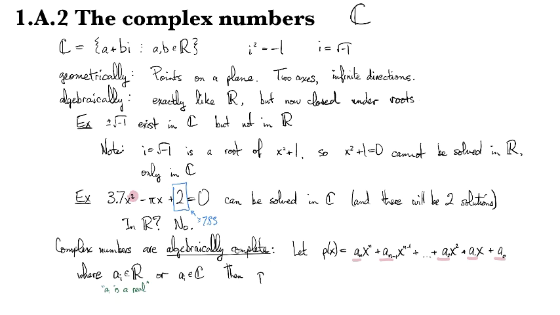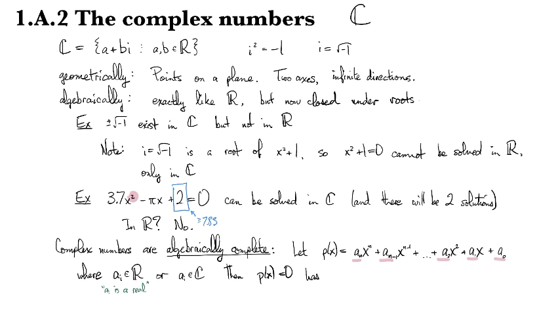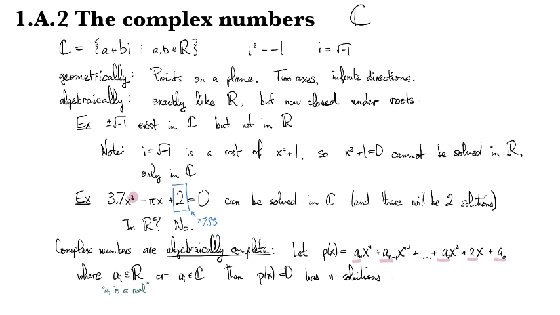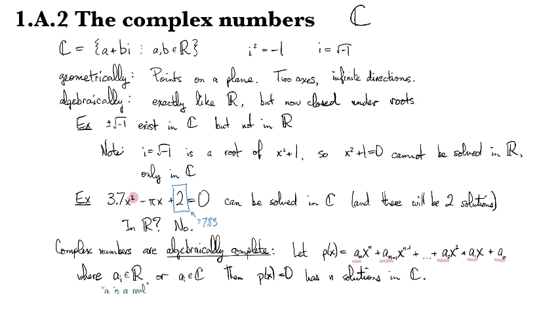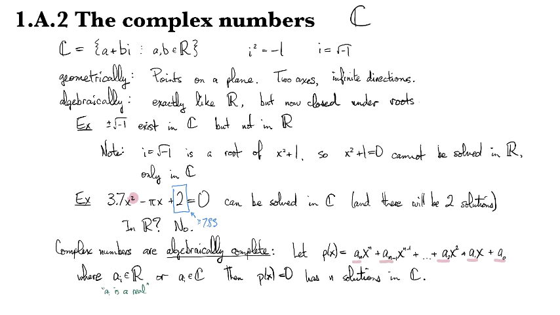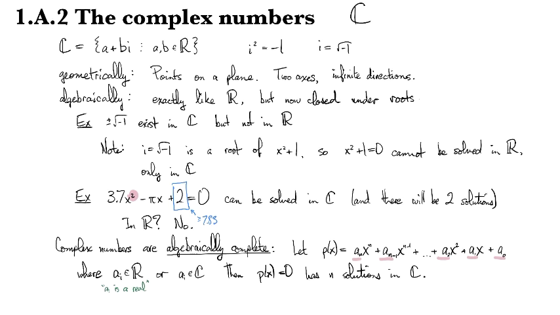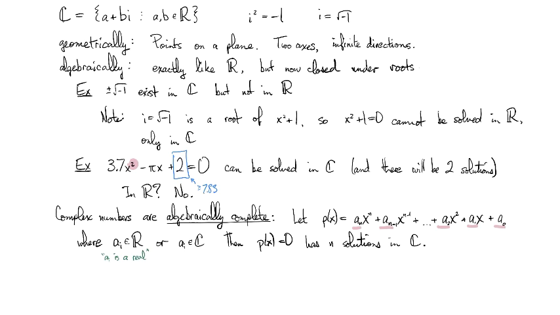Then the equation p(x) equals 0 has n solutions in C. That's the meaning of algebraically complete. If you have a polynomial of order n, then there's n solutions. And that's with multiplicity. So it could occur that you have, like, a double root or something like that.